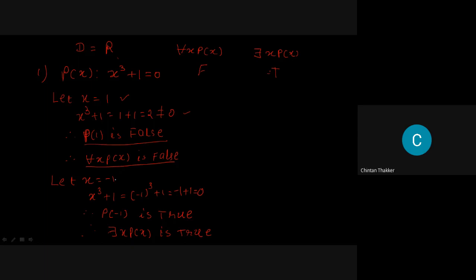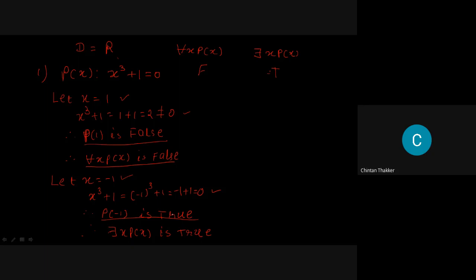Then we take x equal to -1. If we take x equal to -1, we have x cube plus 1 is 0. So here p(x) is true. So that means p of -1 is true. So we got one witness. Witness means we got one x for which p(x) is true.